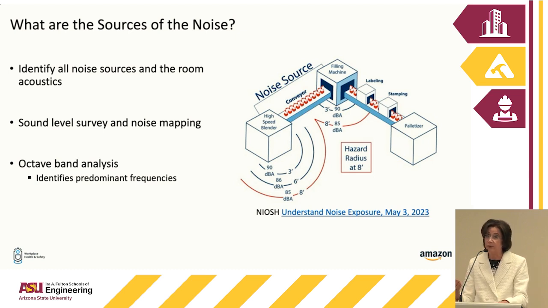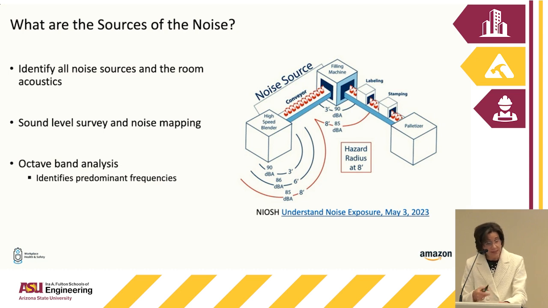So if you have a noisy piece of equipment in a warehouse environment where you have concrete floors and hard walls, you're going to have acoustics and vibration noises and reverberations that must be addressed as well. So it also requires the identification of the predominant frequencies of the noise so that you can actually select the right engineering controls.